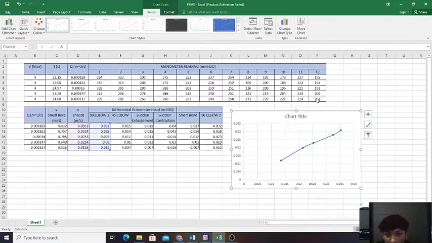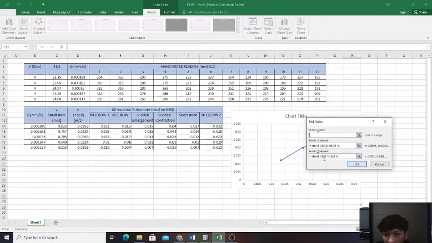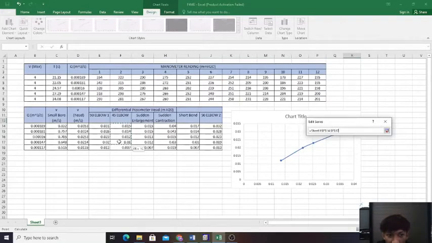So this is the first graph for the experiment, and then for the second graph we just change the y value, which is the 45 L0.